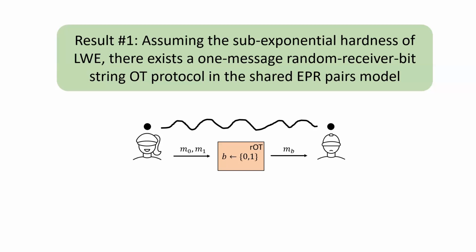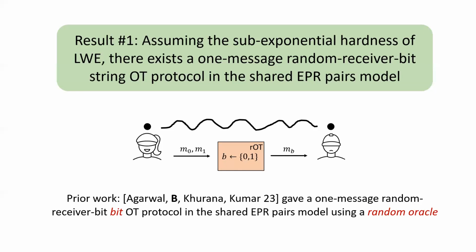Okay. Now, just to put this result in context, the most relevant prior work here is from earlier this year, when we gave a protocol in this setting with maybe different properties. First of all, we needed a random oracle. But worse, the protocol that we had earlier only worked for bit OT, okay? Which is where Alice's input messages are only single bits.